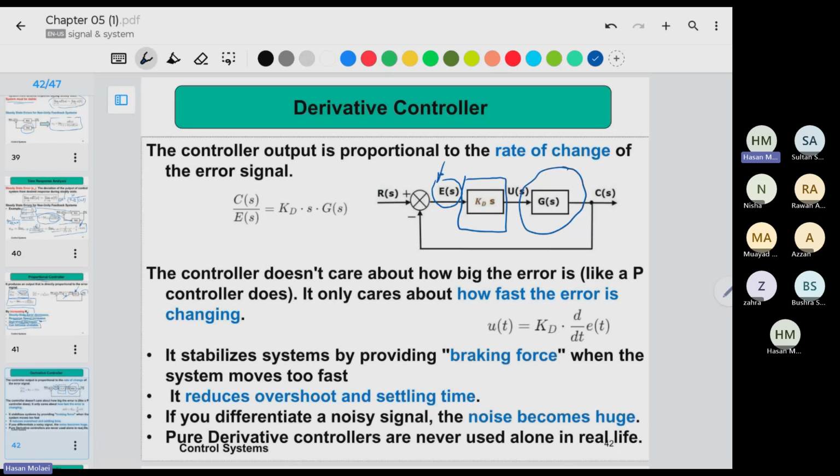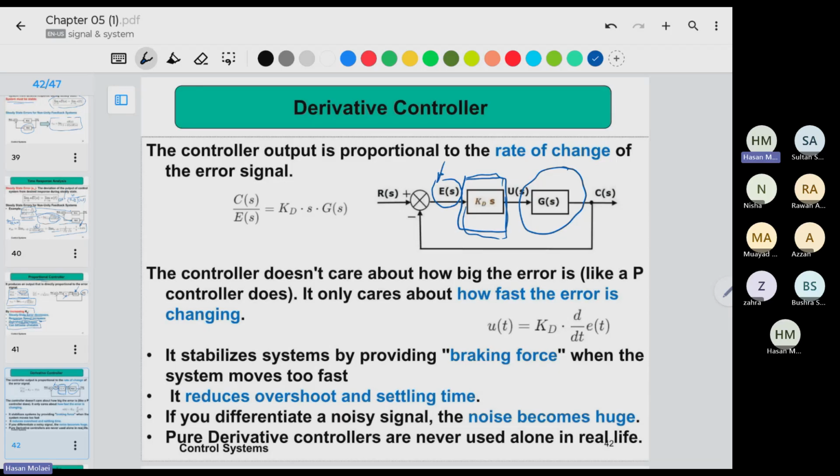Then when you have this derivative part, it doesn't generate any output, right? So when the error is reaching the final stage, which is not varying too much, this block that you put here is not applying any input to the actual system. It doesn't change the system, so it feels that everything is stable.